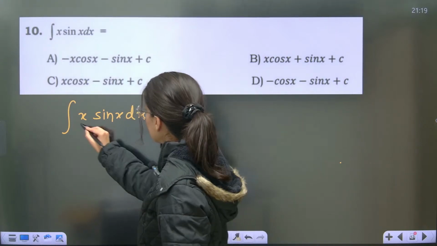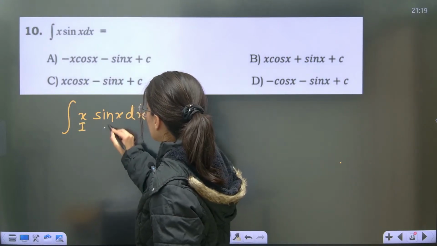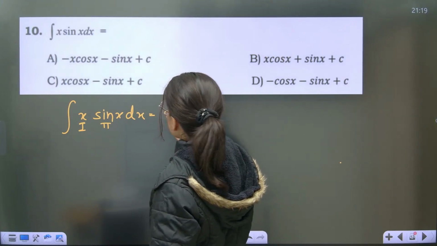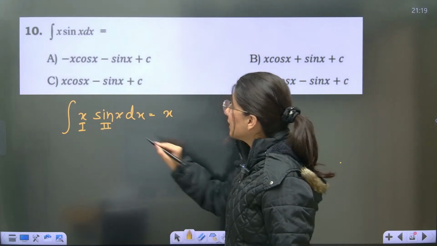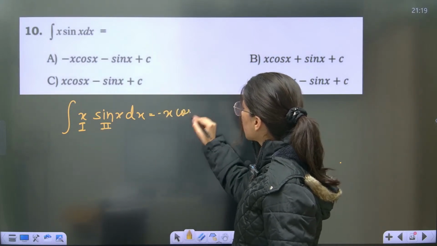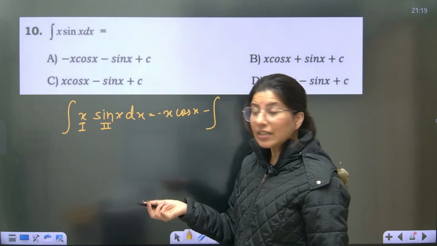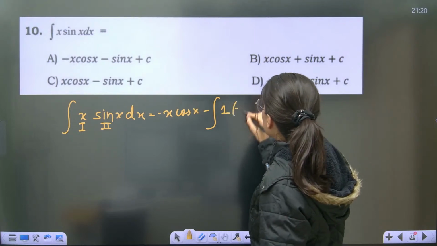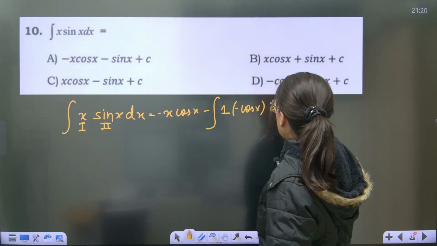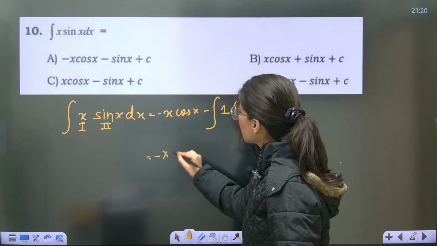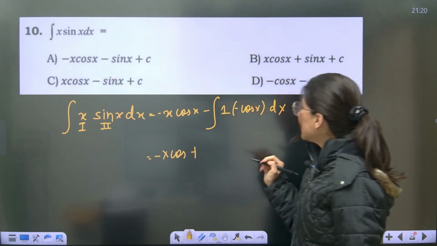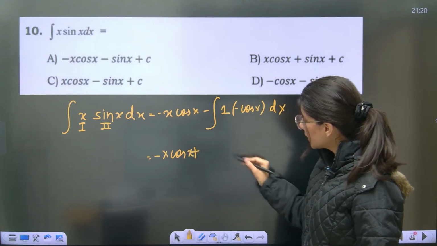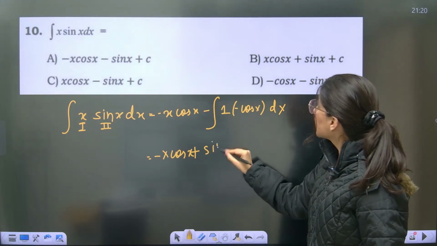This is your first, this is your second. First function will remain constant. That means x is constant. Integration of second, tell me. Ma'am, minus cos x. Minus integral of derivative of first. Derivative of first is 1 and integration of second is minus cos x. One more time you have to integrate. So this is minus x cos x plus integration of cos x. Integration of cos x is what? Sin x.